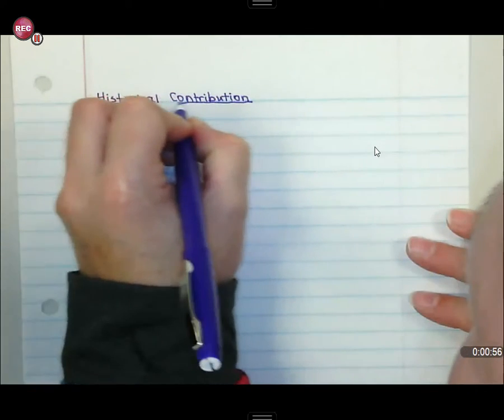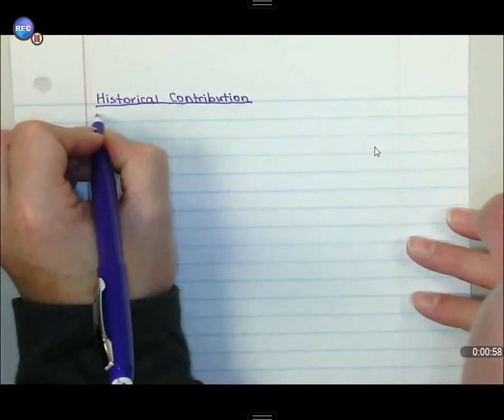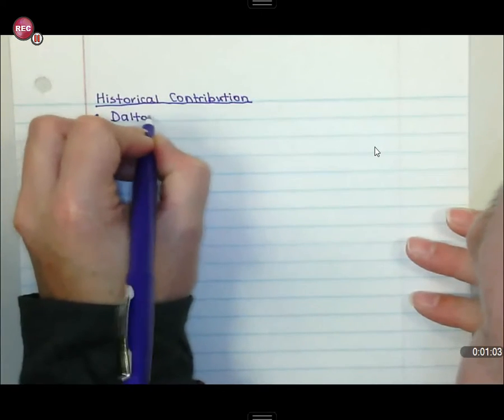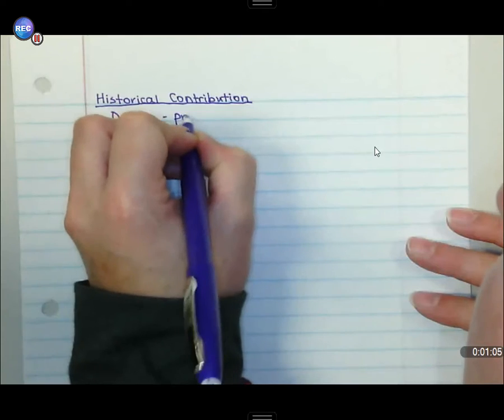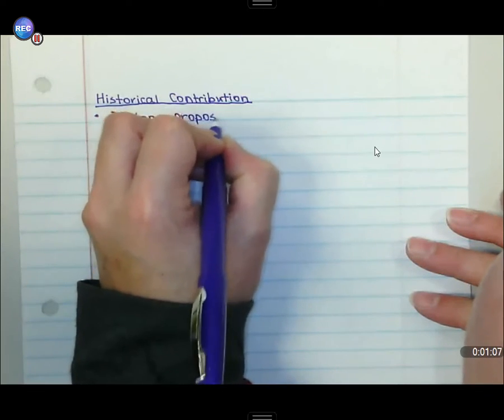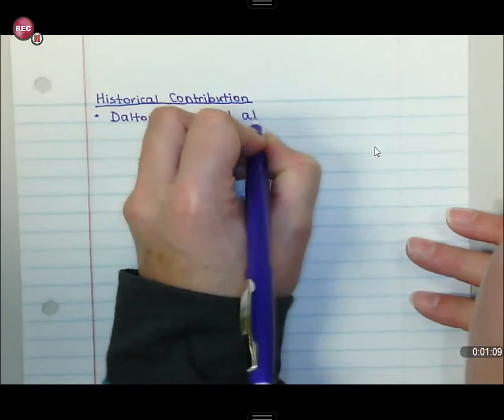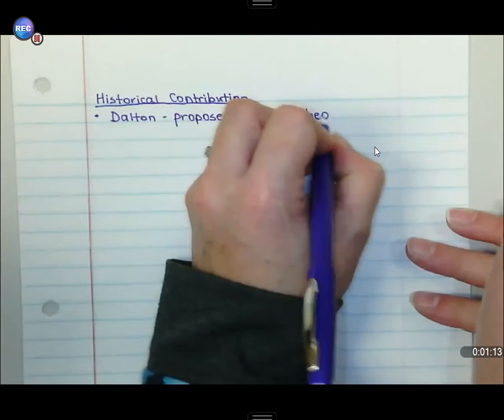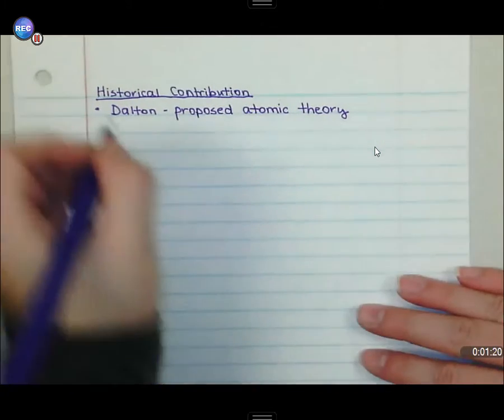to the atomic theory. Now, the first guy we talked about was Dalton, John Dalton. He's the one that proposed the atomic theory. So he was a very important guy. Then we have Thomson.